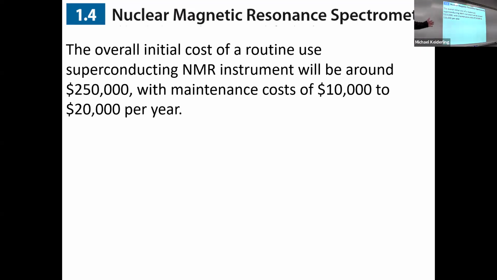But it's a whole lot cheaper and smaller and more compact. So a superconducting NMR instrument is a huge cylinder, this tall, this big around. The desktop one is, well, we'll go see in a little bit, this big.